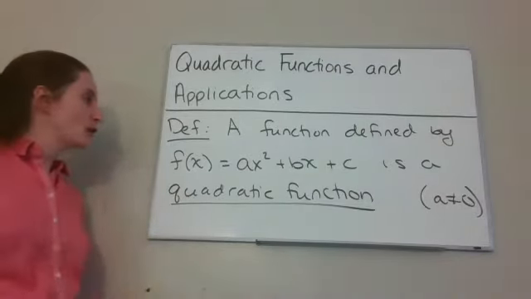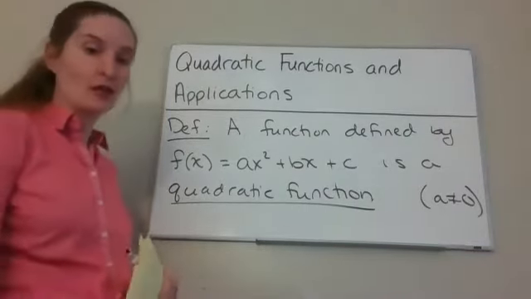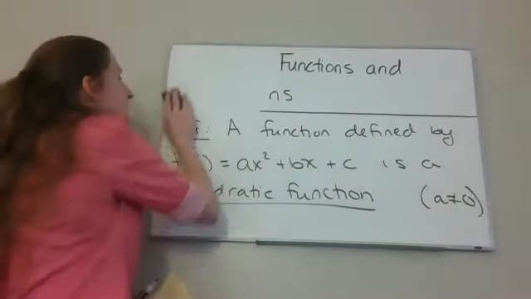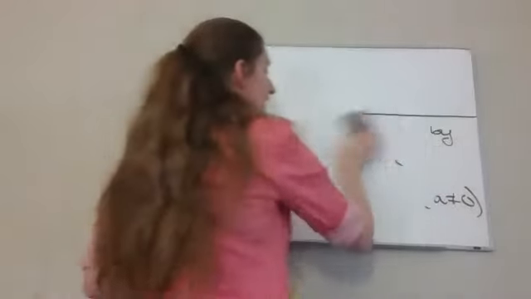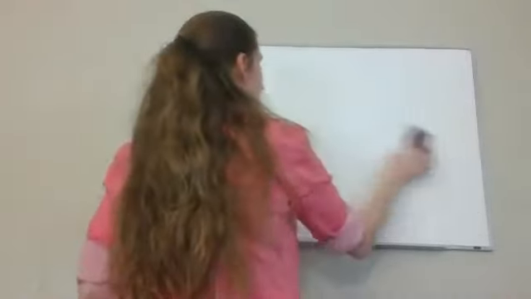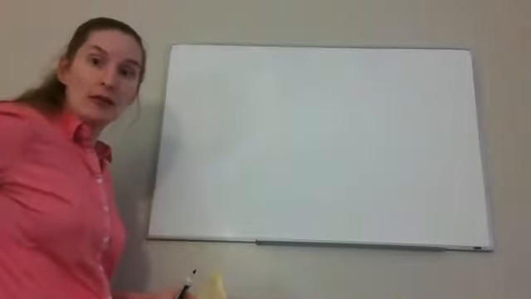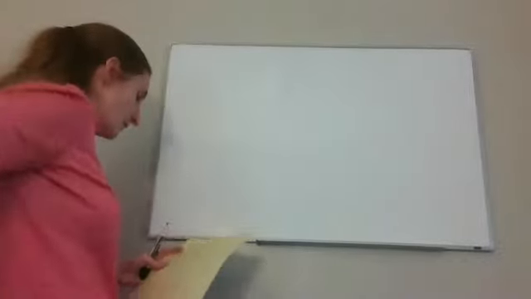Now, these quadratic functions can be written in a different form that makes them really nice for graphing, and that form is called vertex form. To get a quadratic function into vertex form, you actually get to complete the square, like what we learned in the last video for how to solve a quadratic equation.